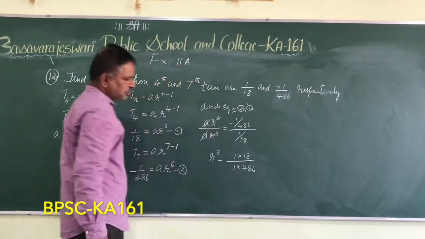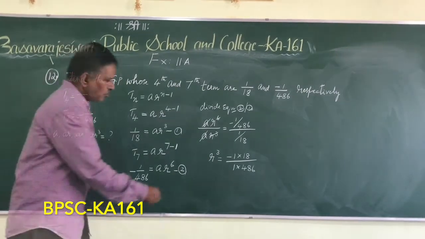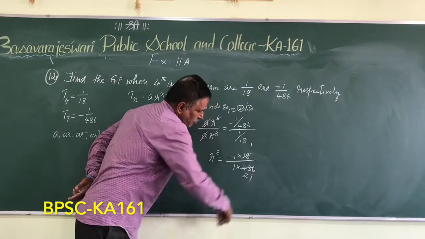18 how many times is 486? Please check. 18 ones are 18, 18 twenty-sevens are 486.